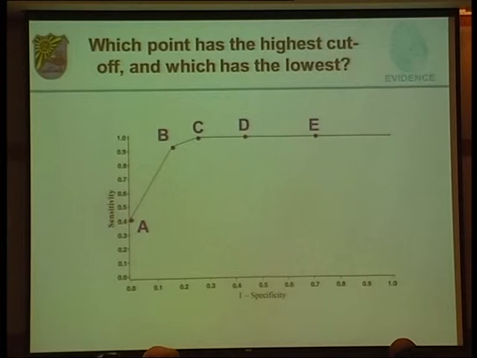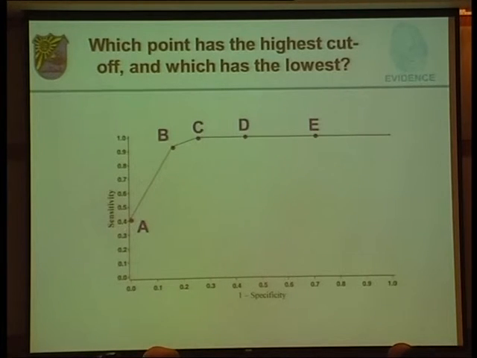A. The higher the cutoff, the higher the specificity. See, this specificity is 0 over here, it's 100% here. And the lower the sensitivity, 100% sensitivity is here, this is now down to here. Do you see? So A is the highest cutoff, and E is the lowest cutoff. Okay, got it? And then, so this is actually 99% cutoff, this is 70, 50, 30, 1.